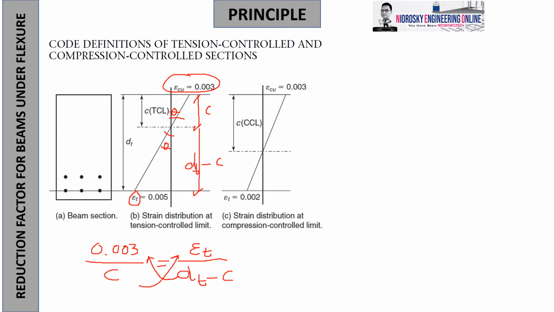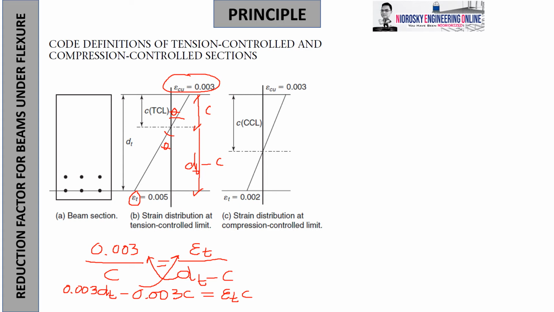So, what do we get? 0.003, then I expand. So, d sub t minus c, times 0.003, equals e sub t times c. And then, our main agenda here is c as a function of d sub t.